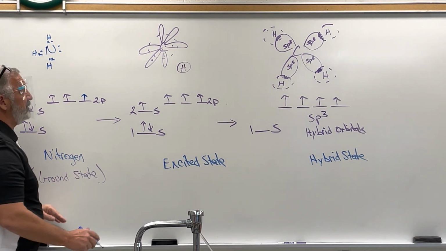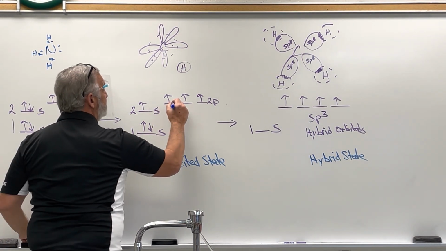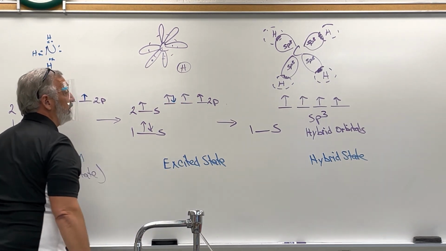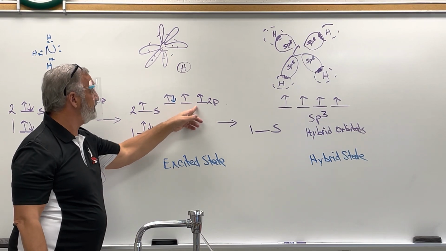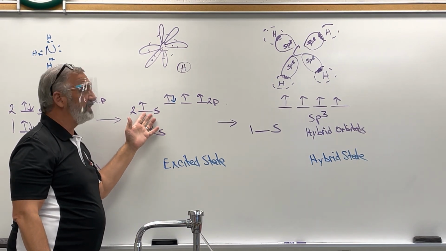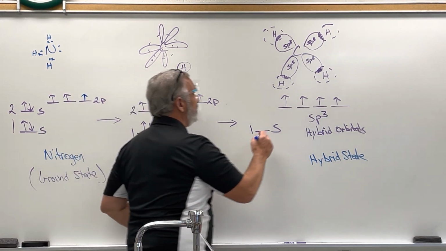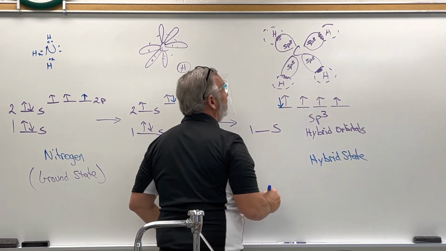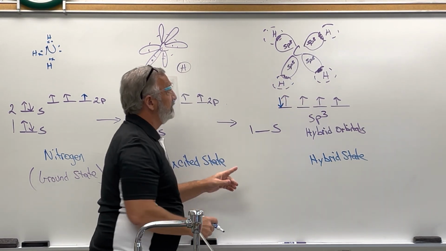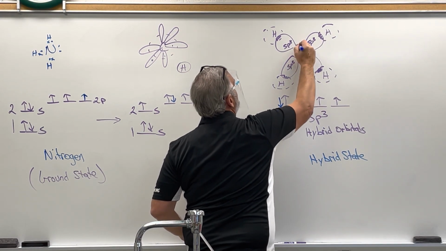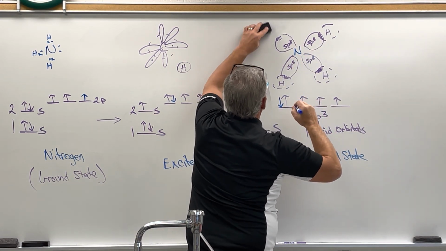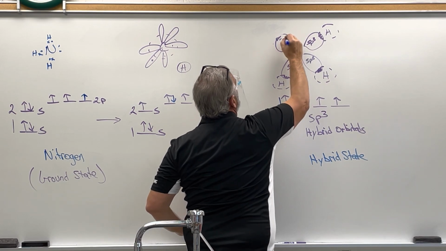So possibly it goes through the excited state, just like this, promotes one up. But then again, we have the 2 90 degrees and then this s. That doesn't make any sense. So it hybridizes. And this time, we put a nitrogen here, but one of these is just going to be a lone pair.